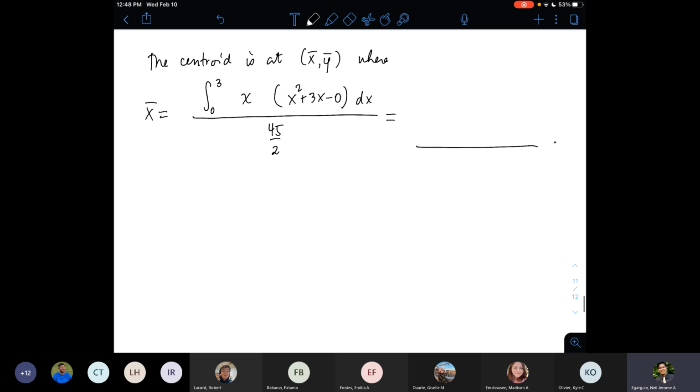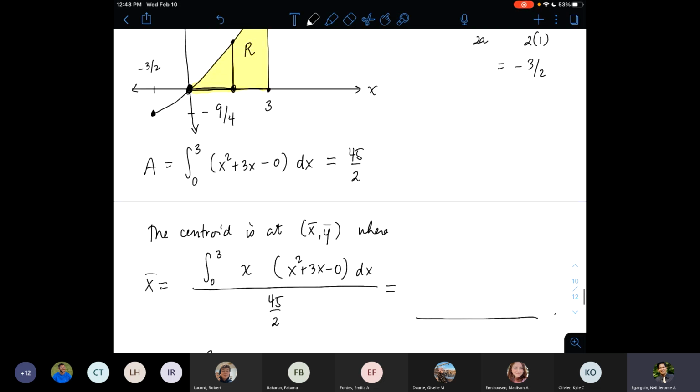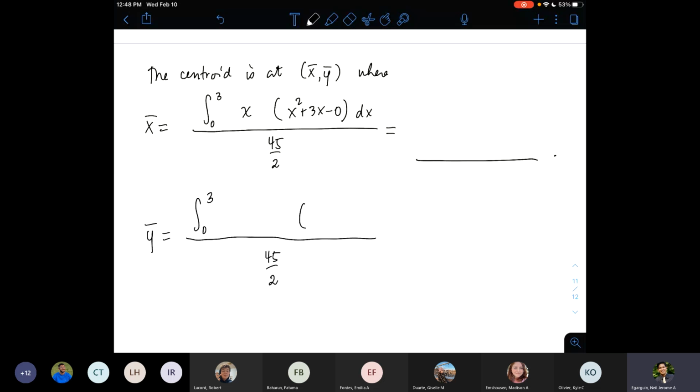Now let's look at y bar. Y bar also has the area in the denominator, so over 45 over 2. Still the integral from 0 to 3 of the weight, which is f of x, top minus bottom. But remember, we are getting the central y value. So I am supposed to put y inside the integral, but that won't fly because I'm integrating with respect to x. So instead of y, I will put the average y value, right?